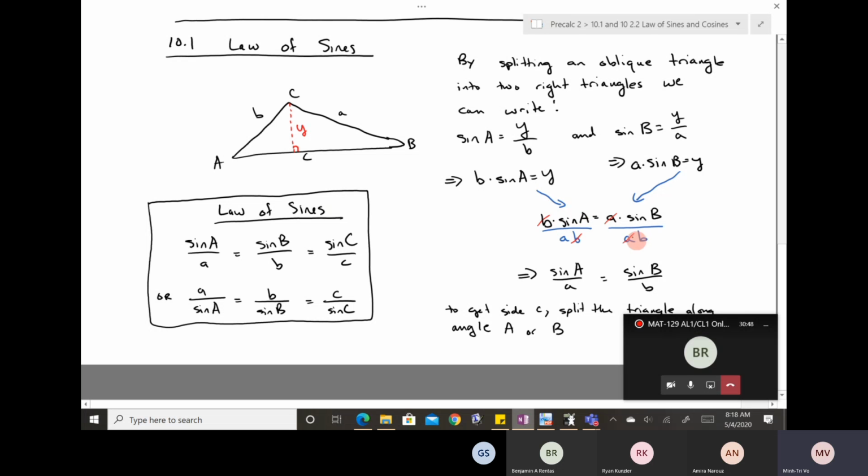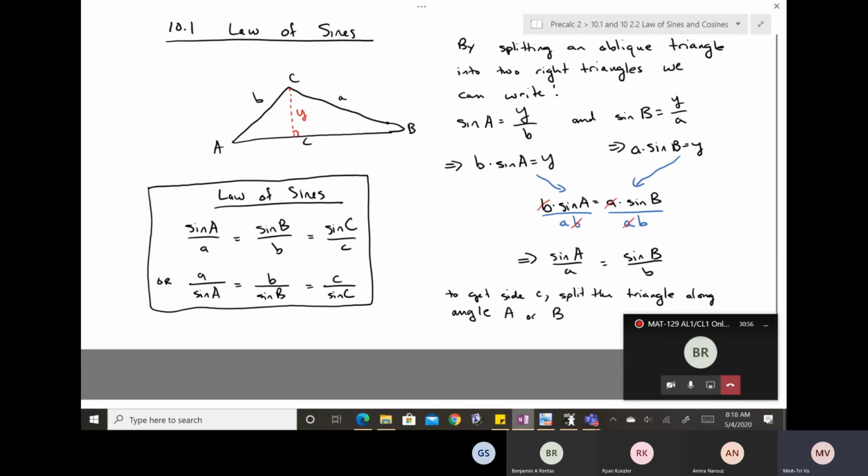Then we simplify by dividing by b and by a, and the formula becomes sine of angle A over a is equal to sine of angle B over b.